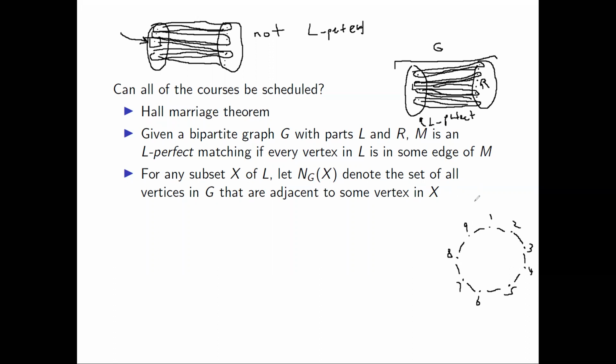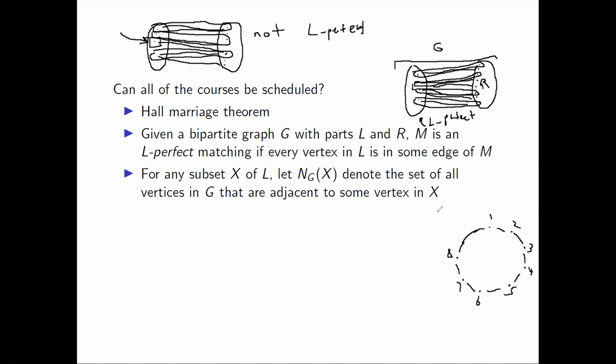And we can take X. So for the cycle, we shouldn't do a C9. This is not bipartite, right? It's an odd cycle. Wouldn't want an odd cycle. So let's make it slightly smaller. Let's make it a C8. There we go. Okay.